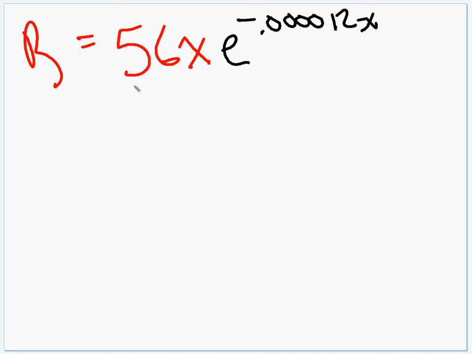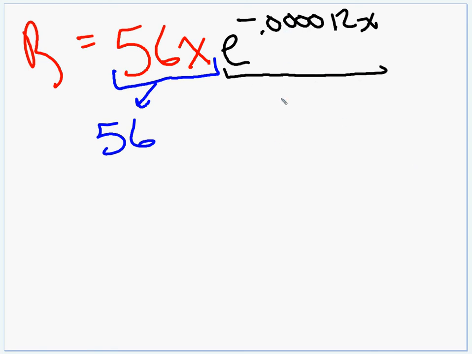And this is why I put the 56 with the x. Because if you derive 56x with respect to x, it's just 56. And if we derive e to this power, don't forget, be careful with the chain rule here. But when we derive e to a power, part of our derivative is going to be e to that same power, negative 0.0000012x.